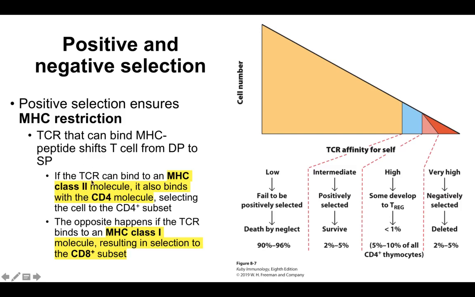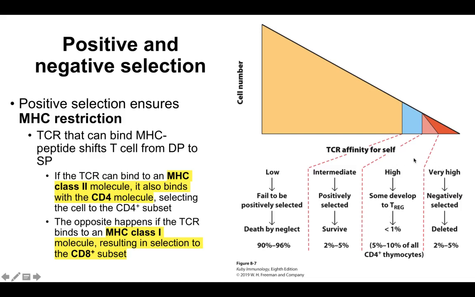So if the T cell receptor binds to MHC class 2, it will keep its CD4 molecule, and if it binds to MHC class 1, it'll keep the CD8. And so as you look at the T cells and the T cell receptors that they have, if they bind with a high affinity, they're going to be deleted because we don't want self-reactive T cells.